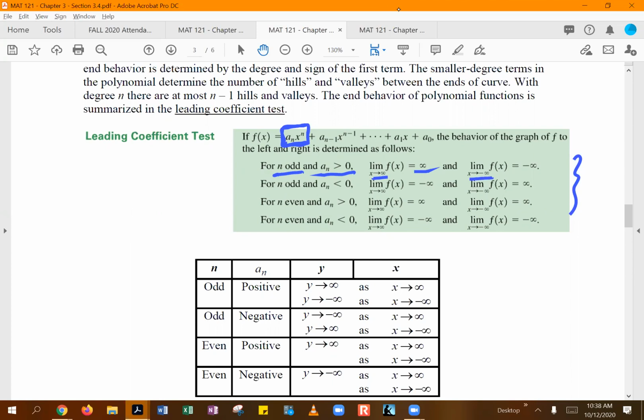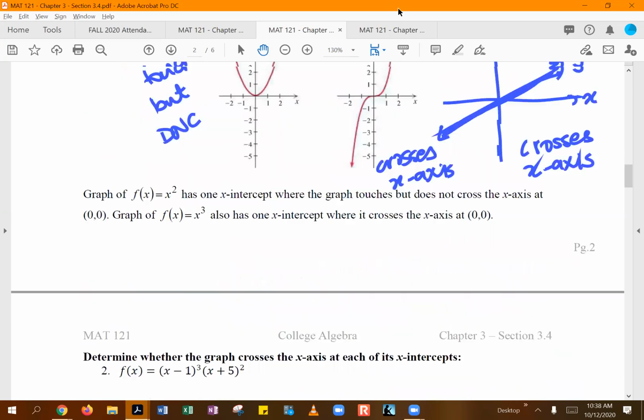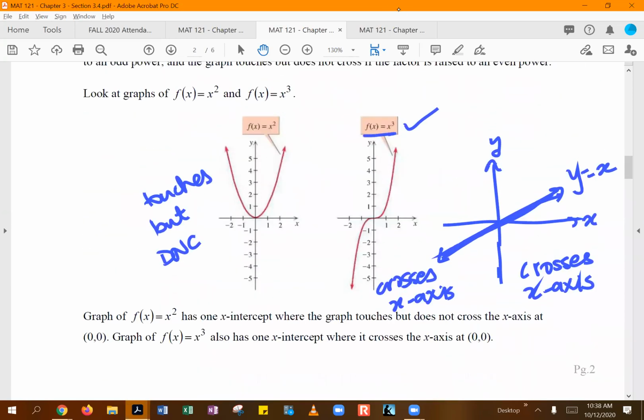When x is going to negative infinity, your function is also going to negative infinity. That's what's happening over here with this function, because this is an odd degree with a positive 1 as your coefficient. As my x goes to negative infinity, my y is also going to negative infinity. As my x goes to positive infinity, my y is also going to positive infinity.